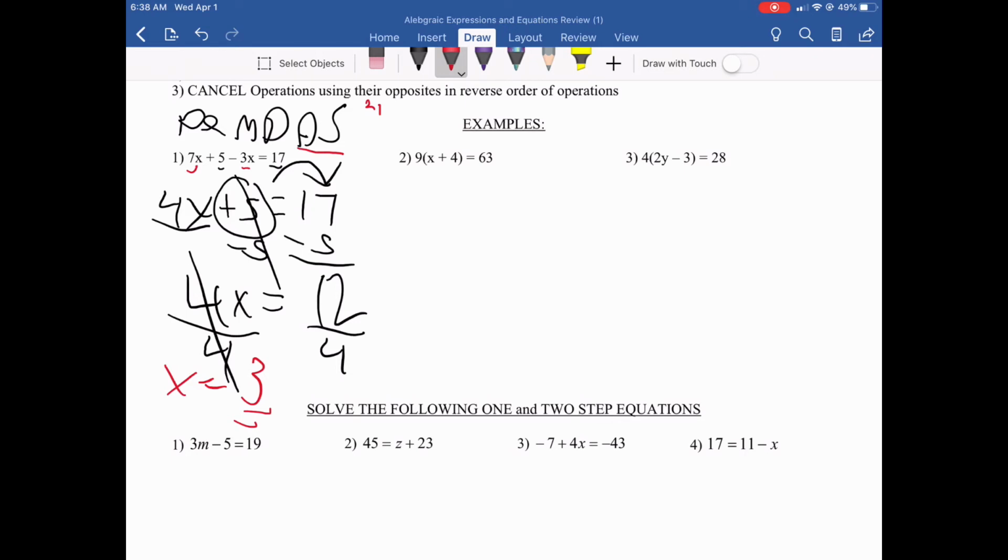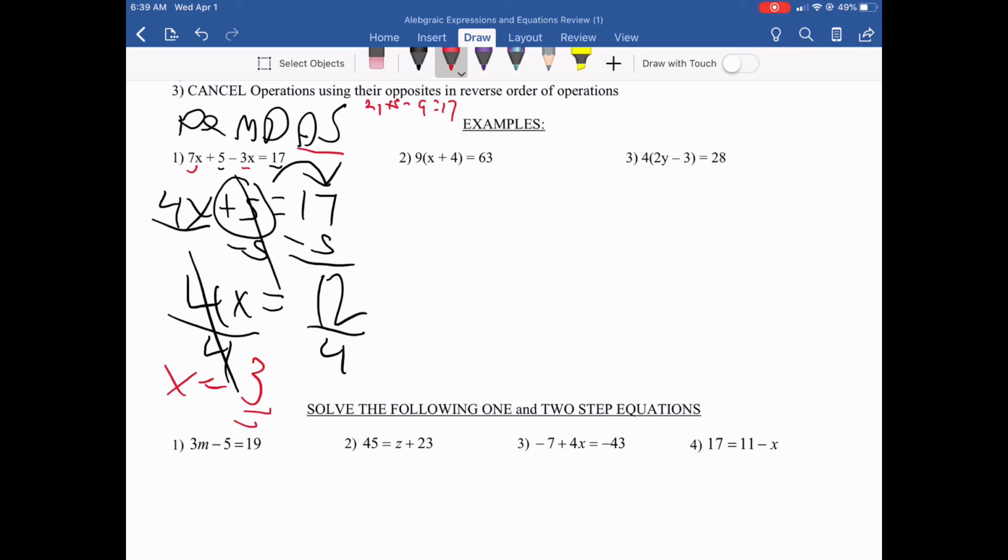So we got 21 plus 5 minus 9 equals 17. You just add the 3 for x back in the equation.